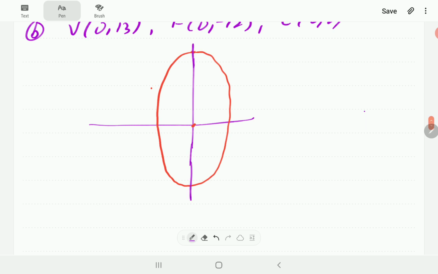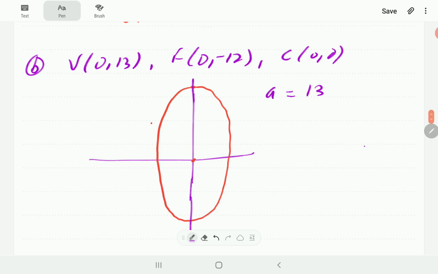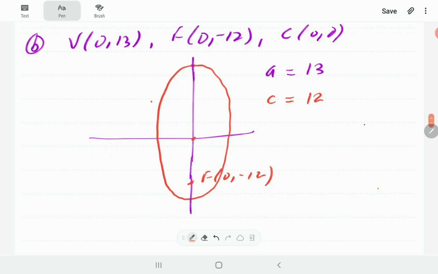The major axis this time is along the y-axis, and so a is going to be 13. We have one focus at 0, minus 12. So the distance from the origin to the focus is equal to c, which means c is 12. From this we can now find b squared.